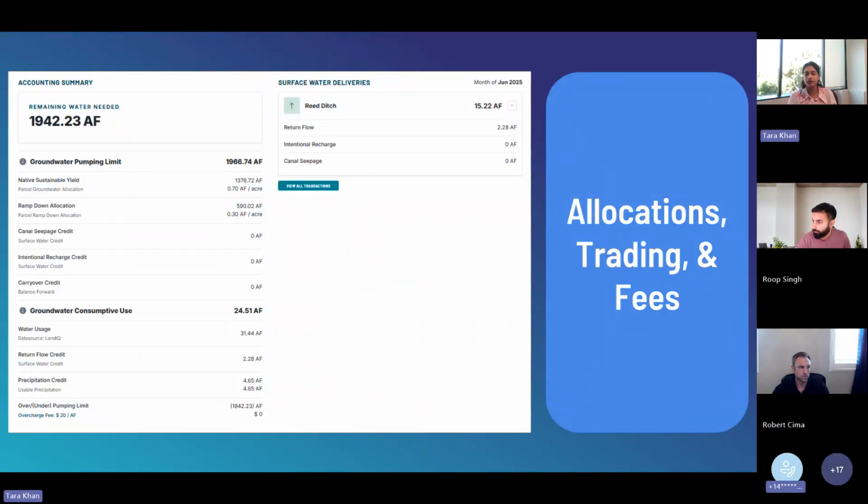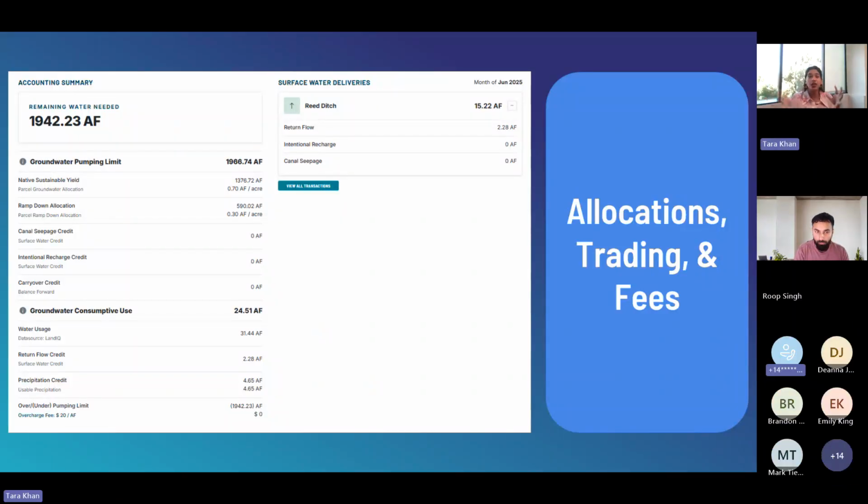You need to decide, are you going to be allocating based on pumping from wells, or are you going to be allocating based on overall consumptive use? Does your water usage data source already have that number in terms of pumping, or do you need to calculate how much of that usage is coming from groundwater versus surface water and precipitation?